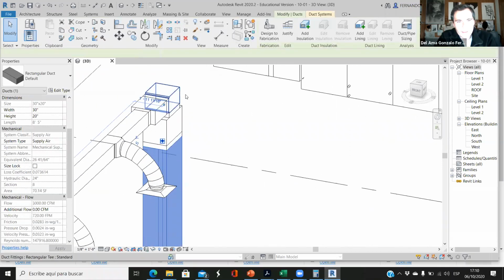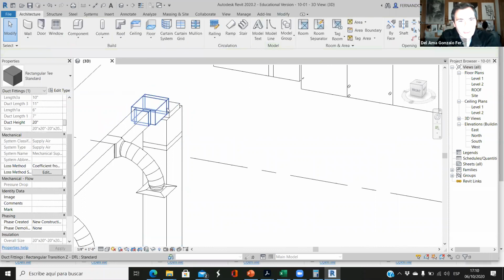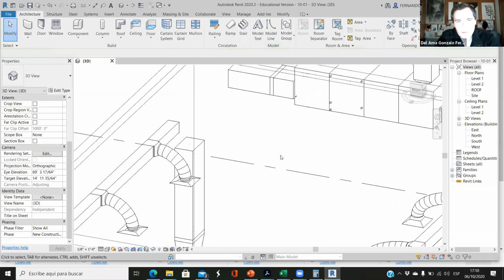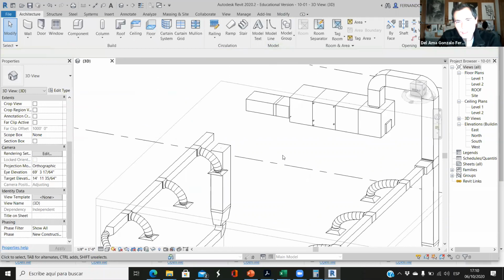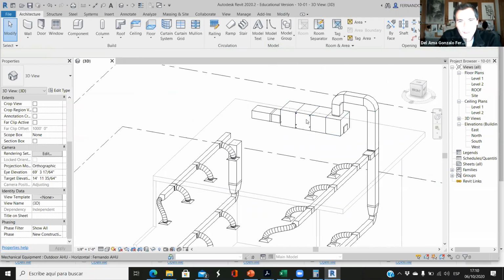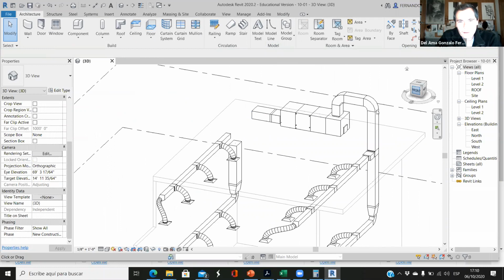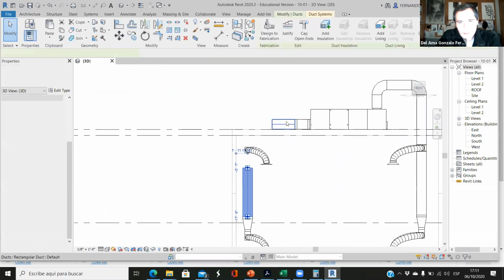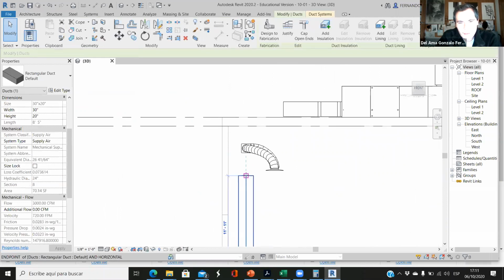But what is this? Oof, I have to delete everything again because I have connections here that are not well done. Okay, so now I have to connect this one to this one. Can I do it?